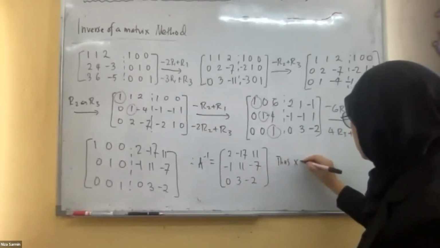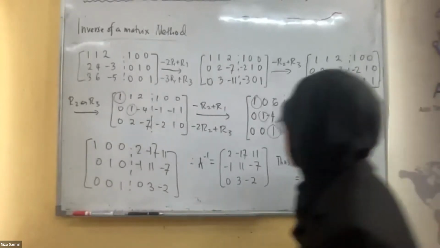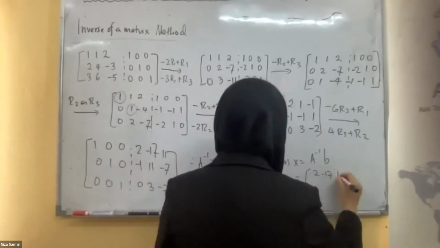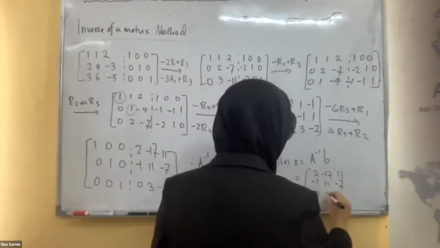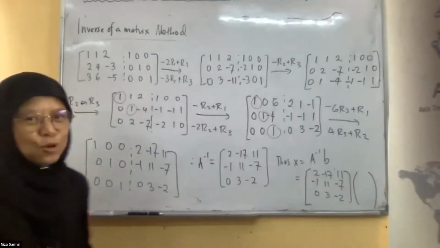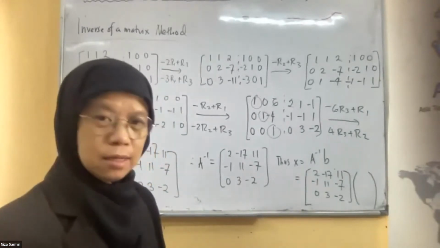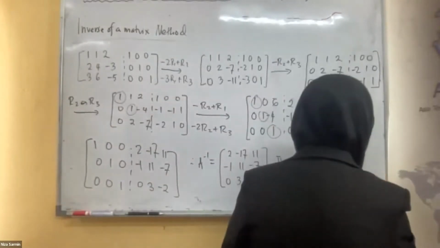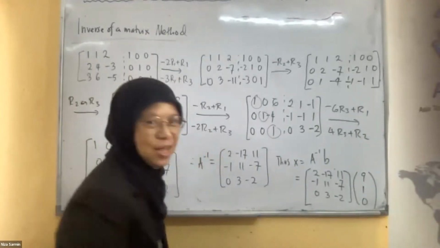Thus, X is A inverse B. Negative 17, 11, negative 1, 11, negative 7, 0, 3, negative 2, multiplied by, what's the original question? What's the B? 9, 10, right? Yeah. Equal, I don't have enough space.